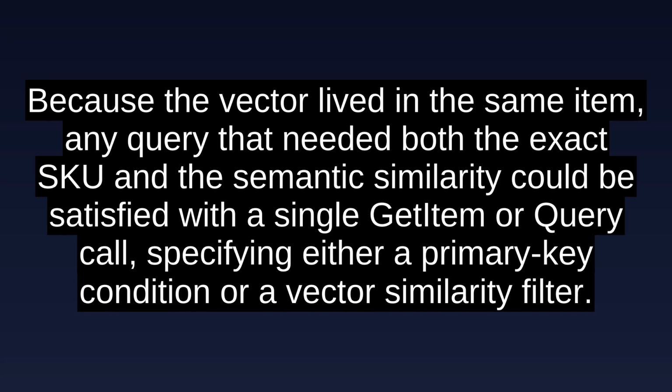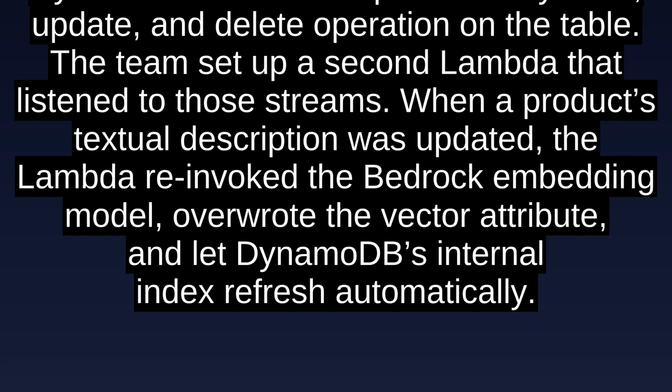Because the vector lived in the same item, any query that needed both the exact SKU and the semantic similarity could be satisfied with a single getItem or query call, specifying either a primary key condition or a vector similarity filter.